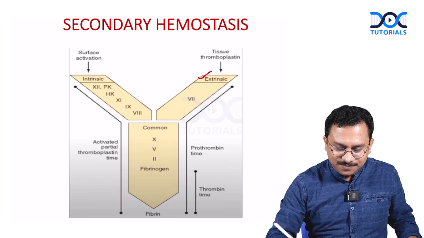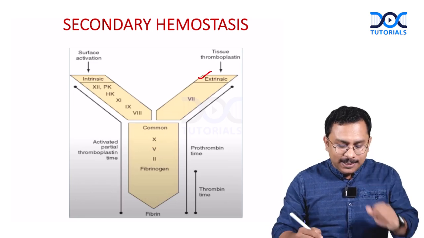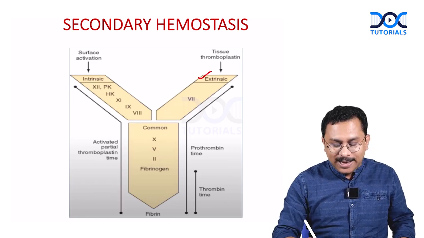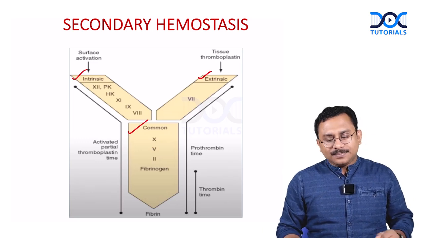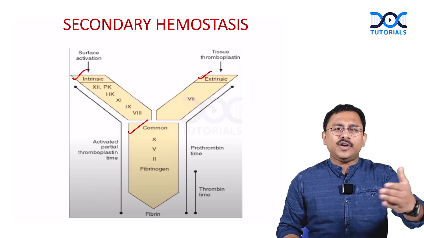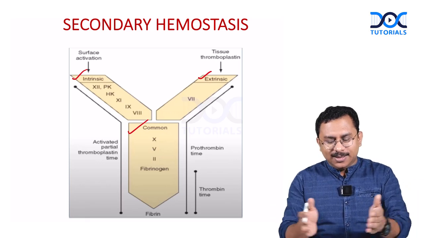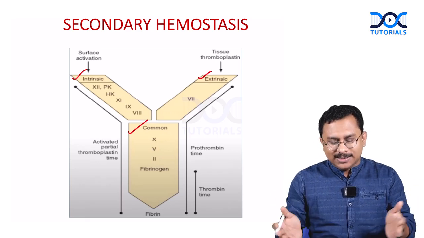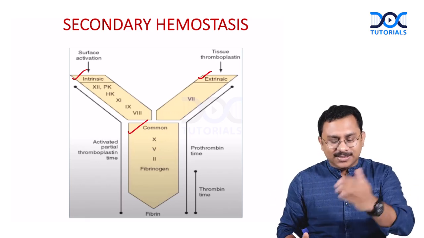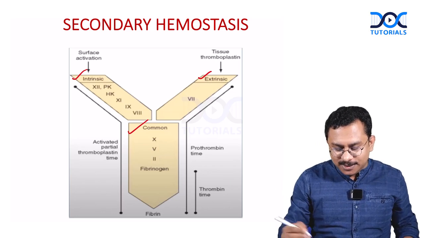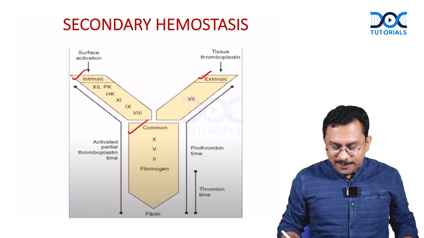You have got the extrinsic pathway, the intrinsic pathway and the common pathway. Currently, you have also got views of a cell-based pathway as well, but I'm just restricting my discussion to the classic description of the extrinsic pathway, the intrinsic pathway, and the common pathway.